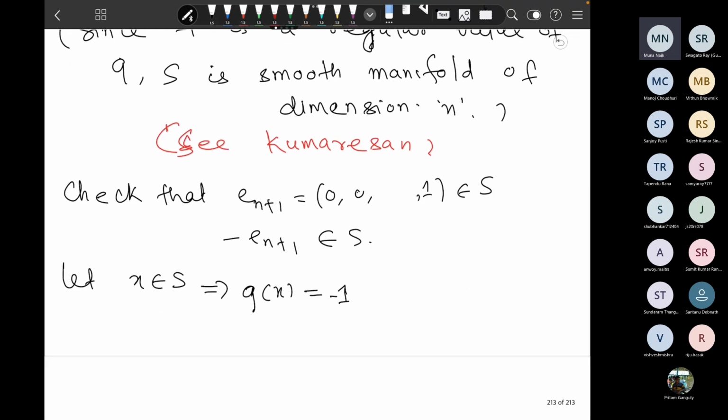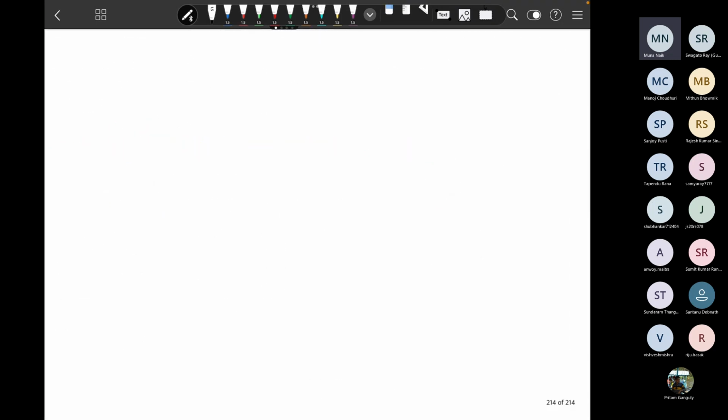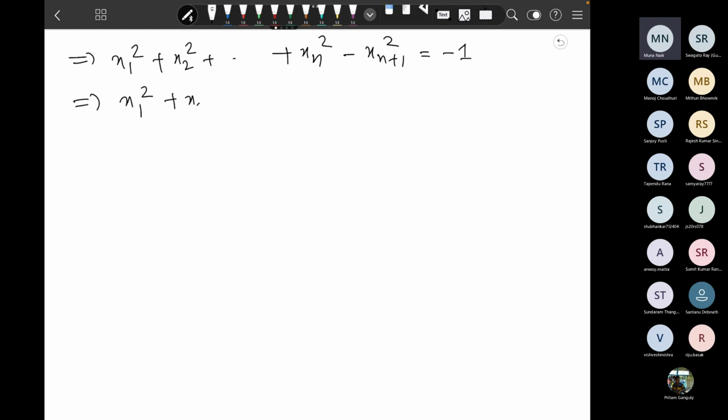So q(x) = -1 implies x1 squared plus x2 squared plus ... plus xn squared minus x_{n+1} squared is -1. So x_{n+1} squared is x1 squared plus ... plus xn squared plus 1. Since x1, ..., xn are real, x_{n+1} squared is greater than or equal to 1.